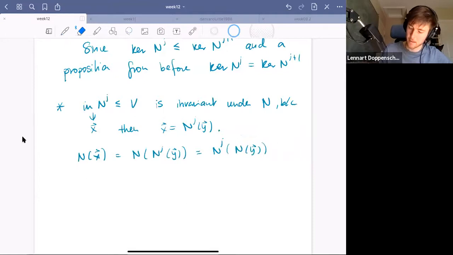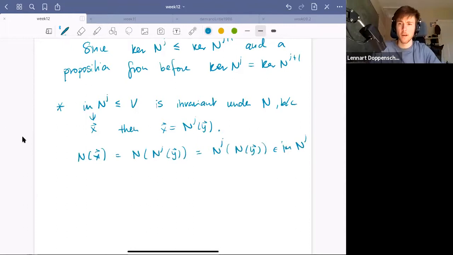Does that make sense? I'm going quickly now because I want everyone to see this before it ends. But if you have questions, please slow me down. Maybe it's just intuitively clear that if you have something in the image and you apply n again, it's going to be in the image again.